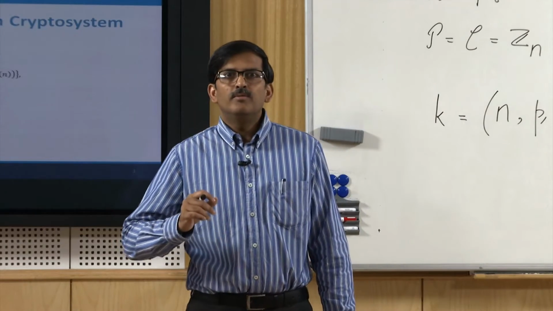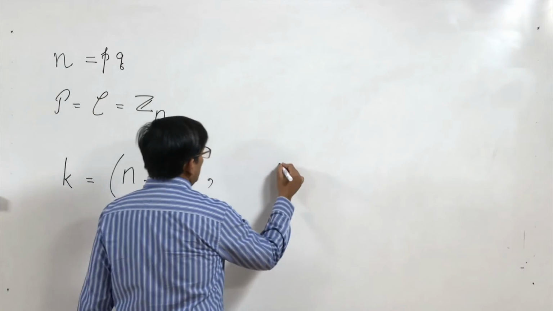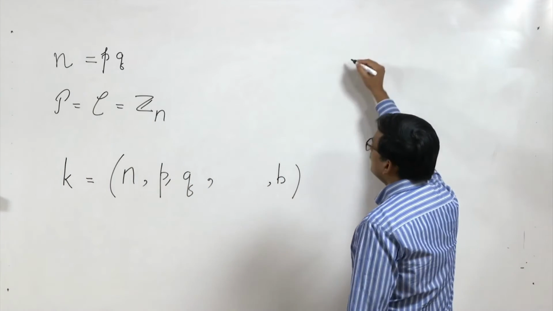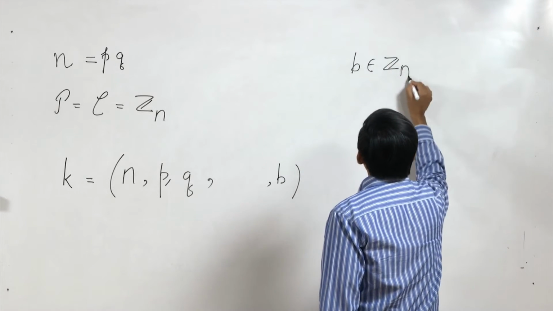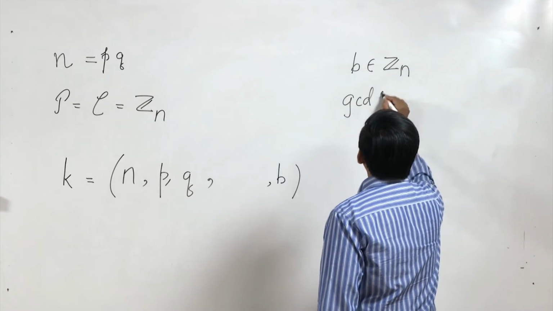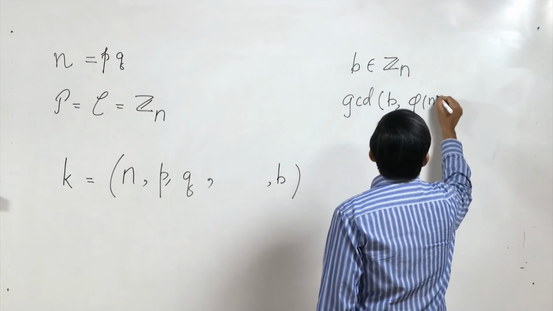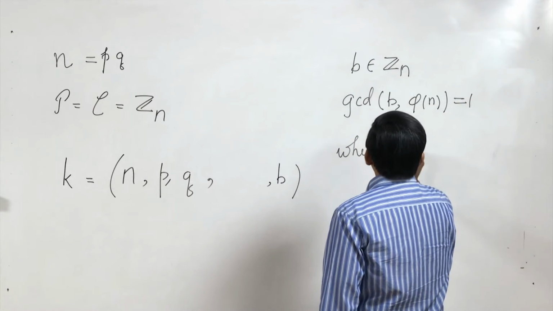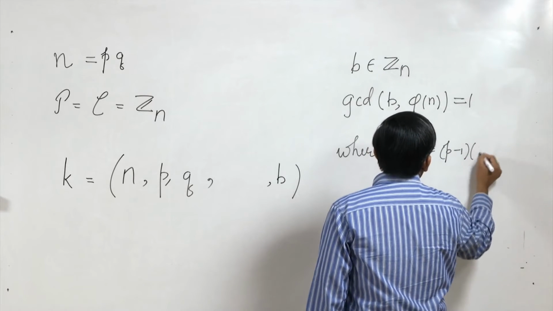So, one number is B, and B is chosen at random from Z sub n with the property that GCD of B and phi n is equal to 1, where phi n is equal to (P minus 1) times (Q minus 1).